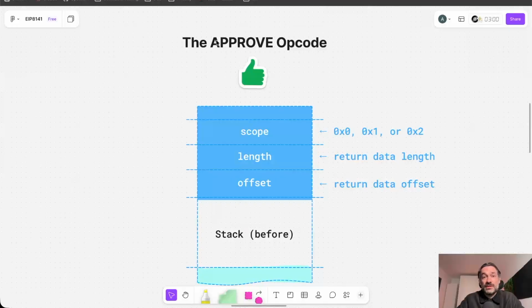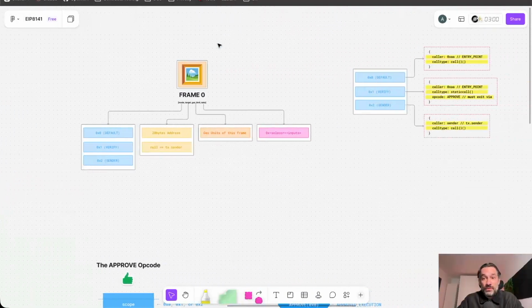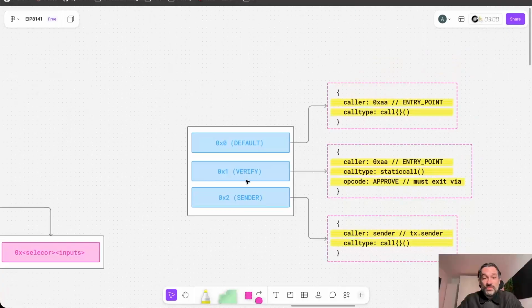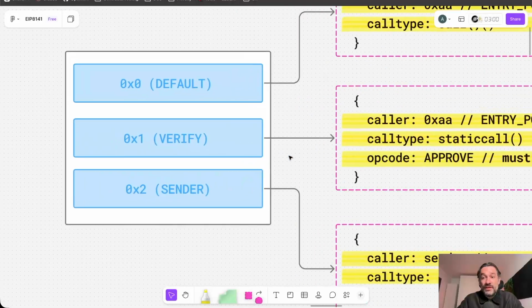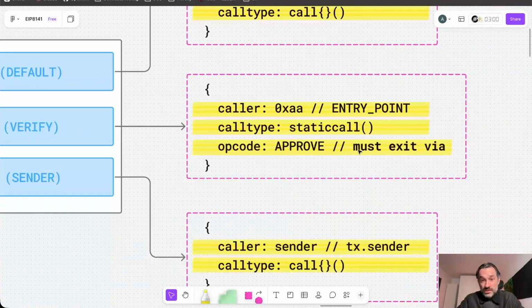It terminates execution and returns data, but it carries an additional scope operand that tells the protocol what's being approved. Remember I said that this opcode must end the frame with mode verify. So when we finish executing the frame with mode verify, it should exit with this opcode.